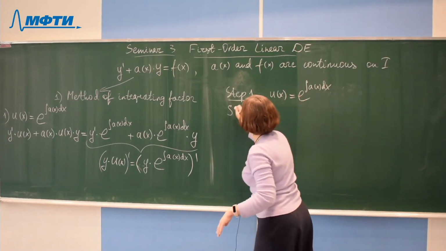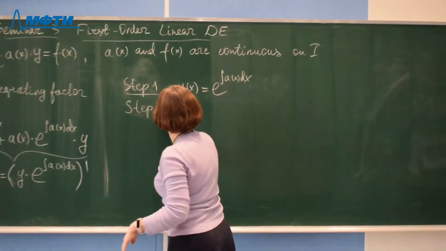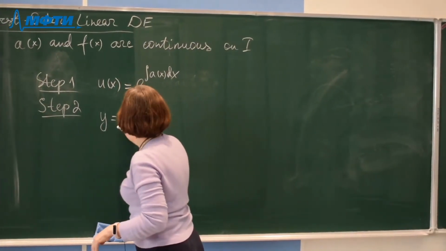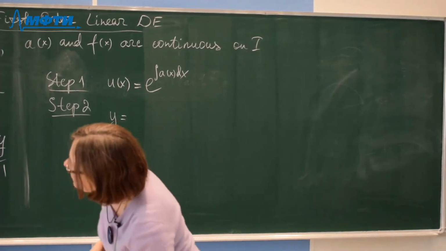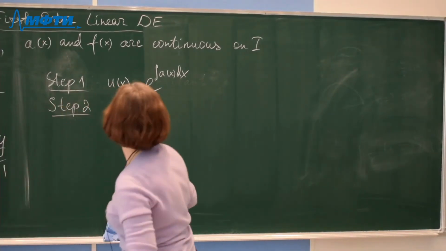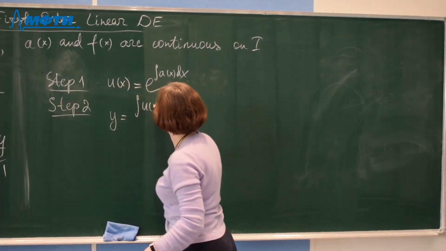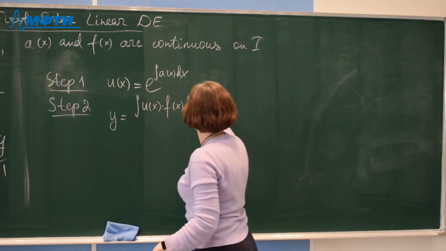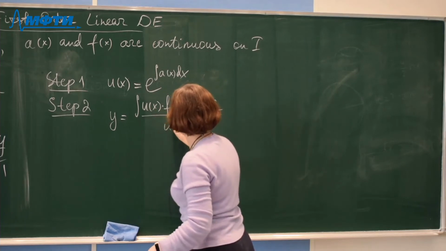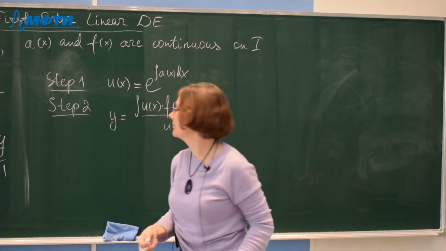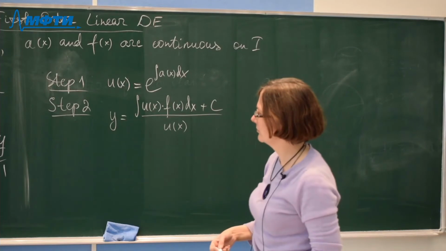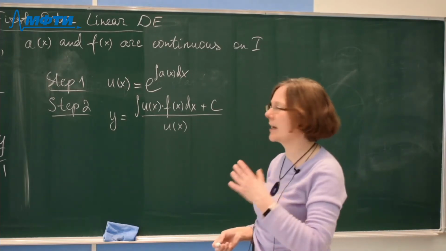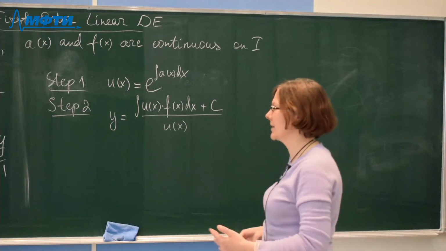And step number 2 is to find y as the integral of u times f of x dx plus c, divided by u of x. So the method of integrating factor involves 2 steps, right? The first step and the second step.